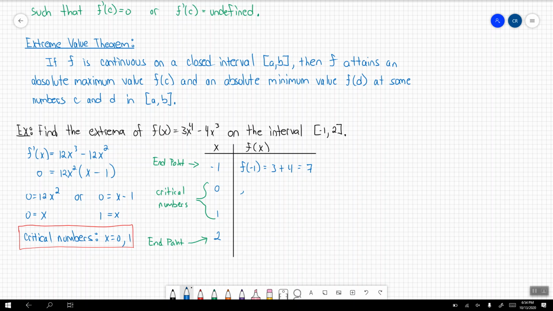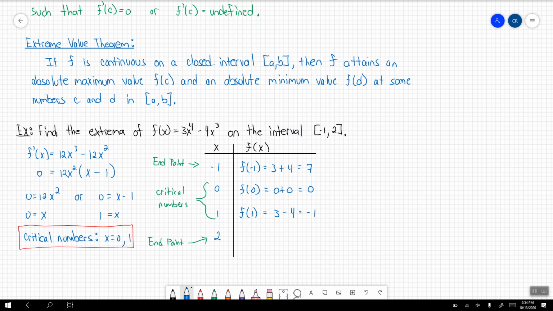I'm going to test f of 0, so substituting the value of 0 into my function, that's going to produce 3 times 0 minus 4 times 0, which gets us 0. F of 1 into my function, and that's going to get me 3 minus 4, which is -1.